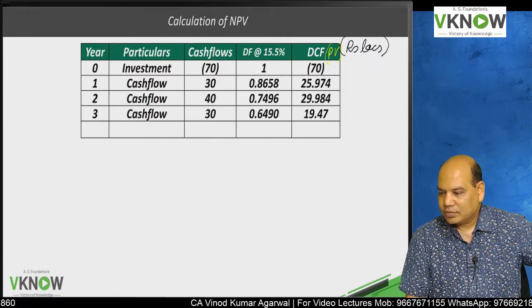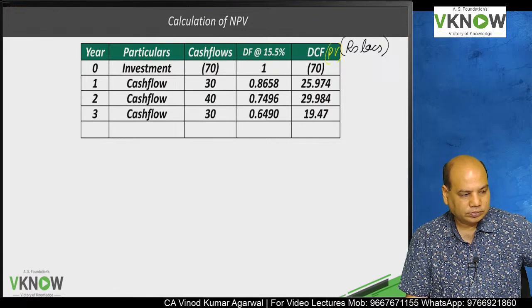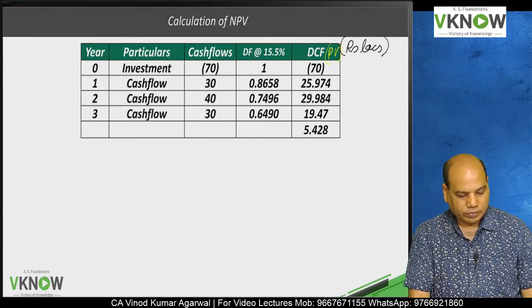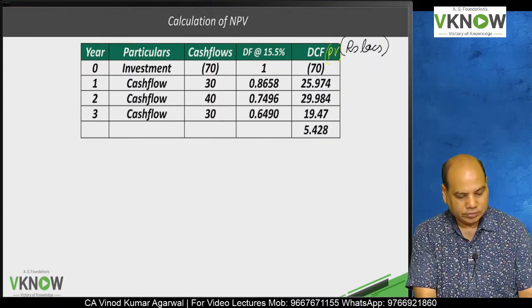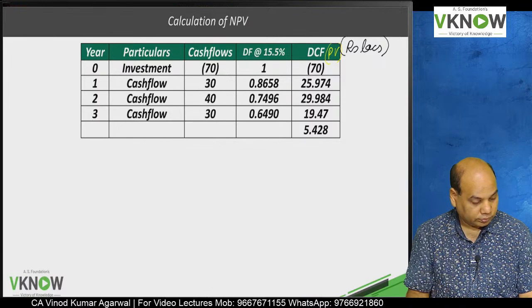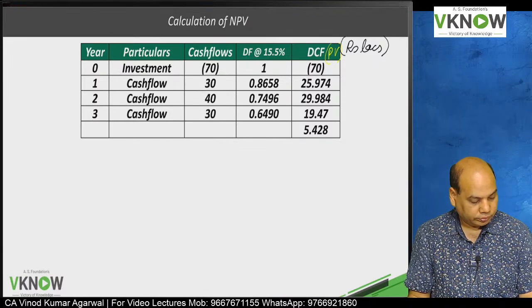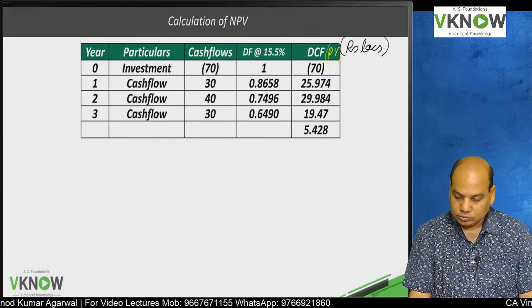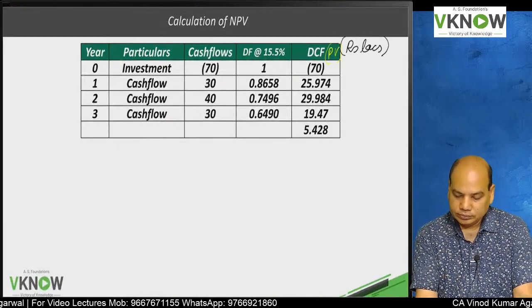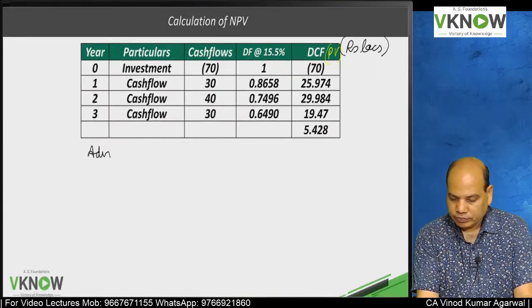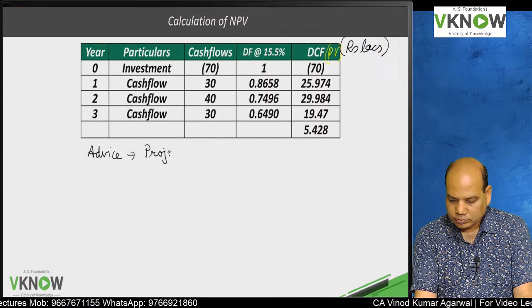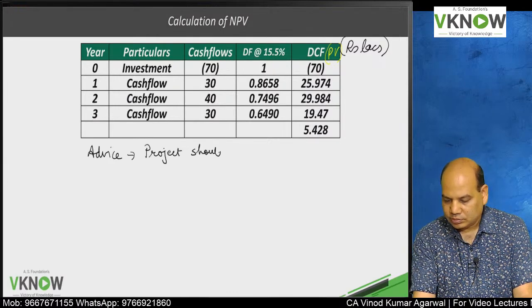Next one, 19.47, 5.428. Is your NPV positive? Yes. Advise. Project should be accepted.